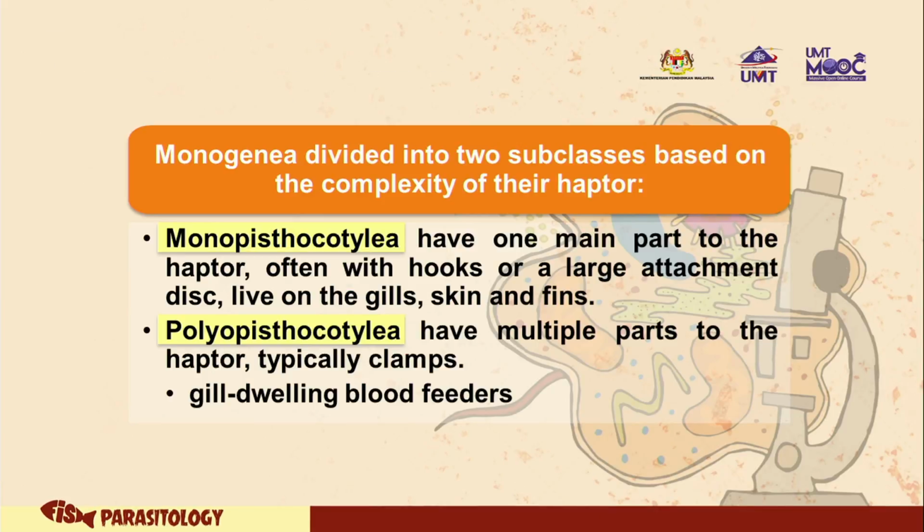There are two subclasses of monogenea, the Monopisthocotylea and the Polyopisthocotylea. The Monopisthocotylea have one main part to the haptor, often with hooks or a large attachment disc. They live on the gills, the skin, and the fins of fish. Polyopisthocotylea have multiple parts to the haptor, typically clamps, and they are gill-dwelling blood feeders.